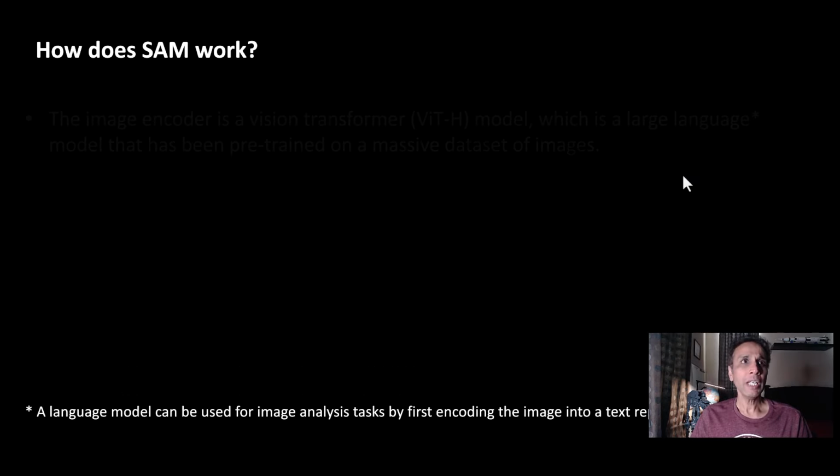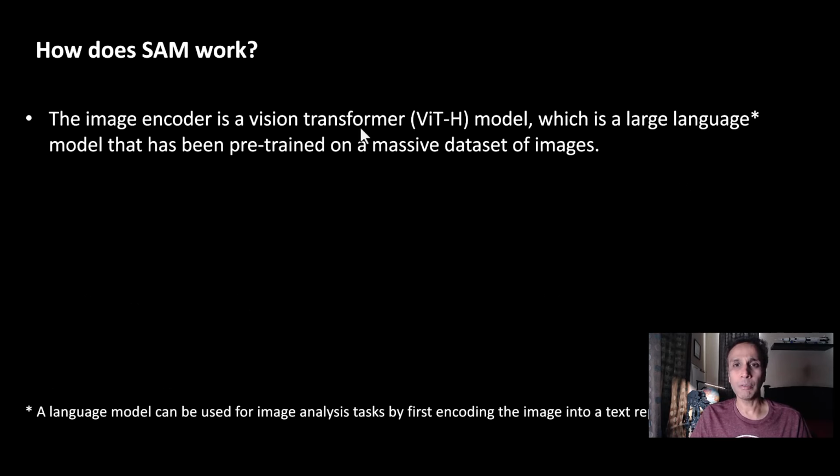Now the image encoder, what is it? It's nothing but a vision transformer, a ViT-H. In fact, when we train our own, we are going to download this model, and it has been pre-trained on a lot of images, like we already talked about. Now, the question is, wait a minute, we're talking about images and you're mentioning a language model. Yes, a language model can be used for image analysis tasks, but first we have to encode the image into a text representation.